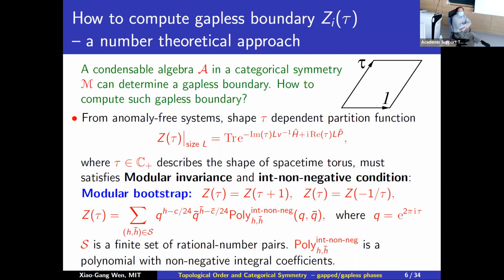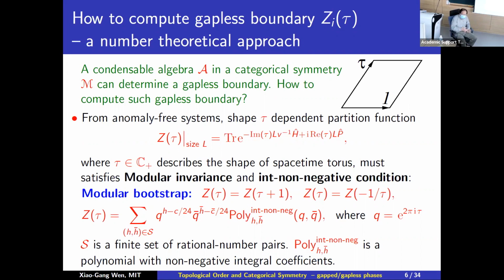You're actually missing most of the conditions. But the modular bootstrap is already a big industry, and people say it's very effective. You can see how much we miss. Even though we miss so much, it's still big progress. So I can't imagine what would happen if you could find a way to use the non-negative integer condition. This is very, very highly constrained. But this certainly is a very open question. We don't know how to do this.